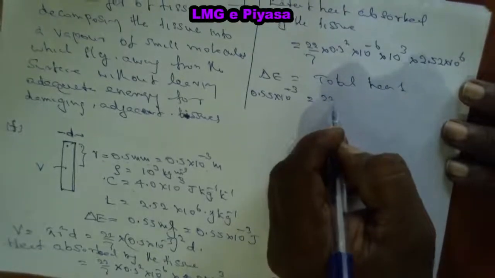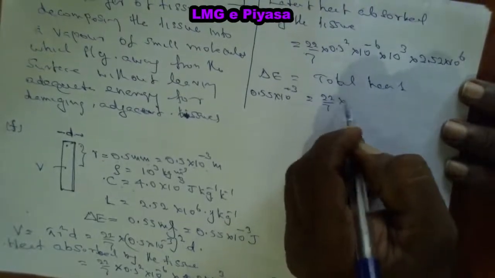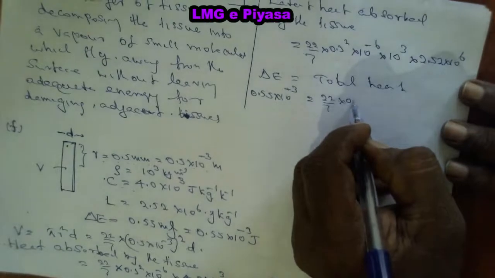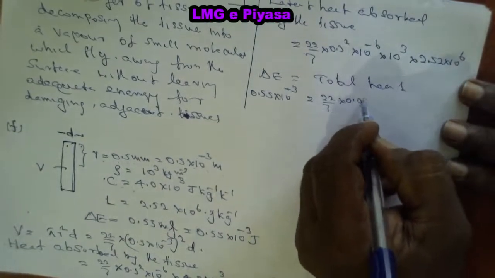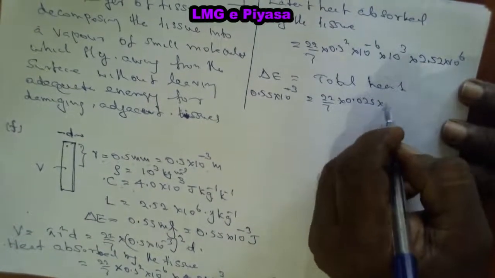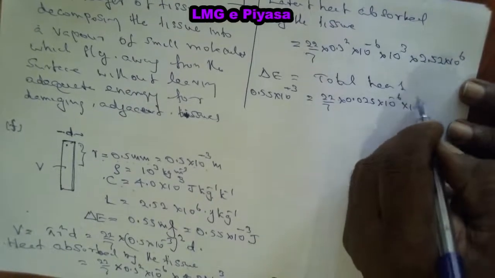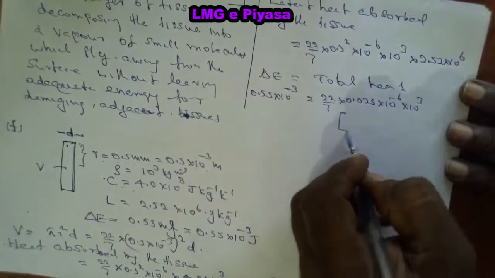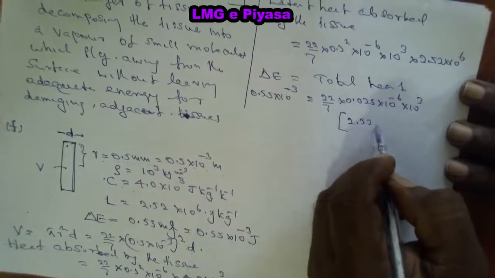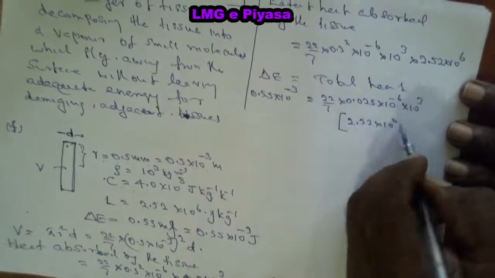So you can take 22 over 7 into 0.25 into 10 to the power of minus 6 into 10 to the power of 3. You can take that out. Then 2.52 into 10 to the power of 6.